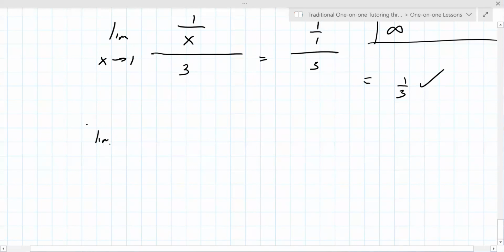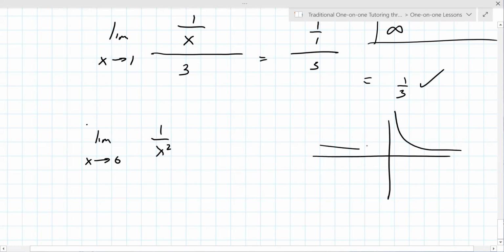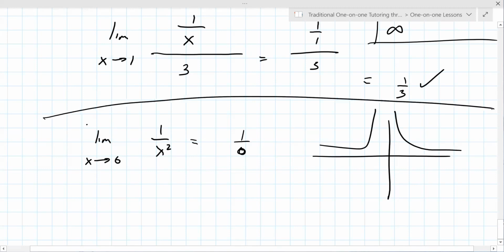Not a great example, but the limit as x approaches 0 of 1 over x squared. When you put 0 in, you get 1 over 0. That is not indeterminate form, because you can't divide by 0. So you don't use L'Hopital's rule. You just say it goes to infinity.